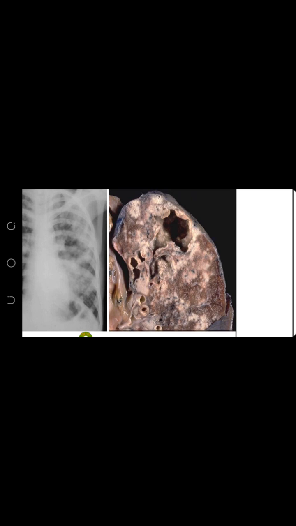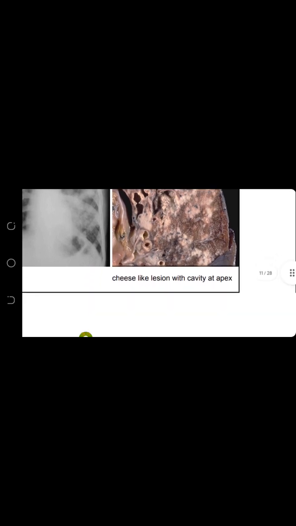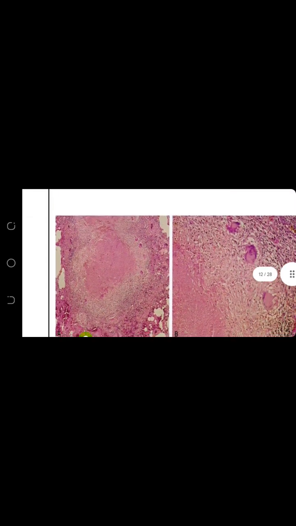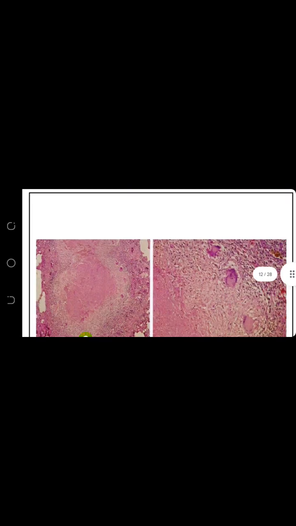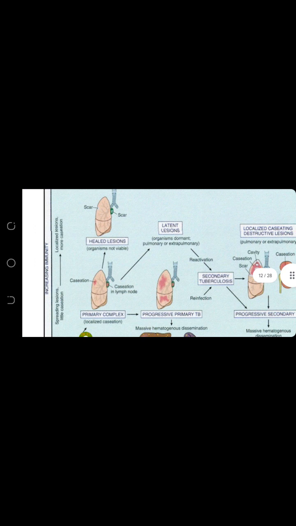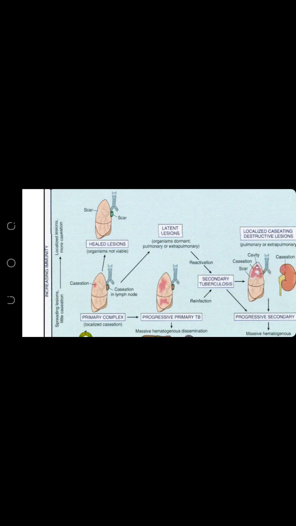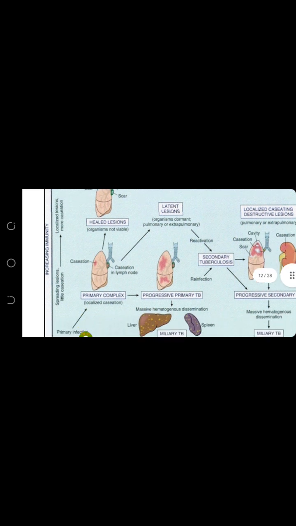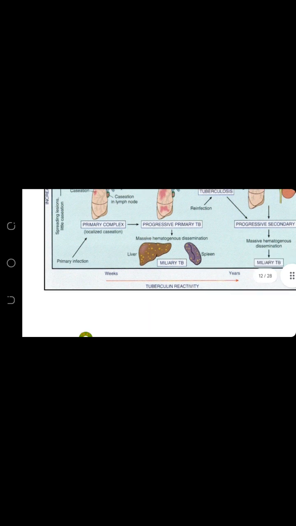When you look at the top part of this lung, it has cavities and whatnot, so this is abnormal. Then this is how they appear histologically, and this is also a diagram that shows an increase in immunity. This is what happened based on what I was saying the other time.